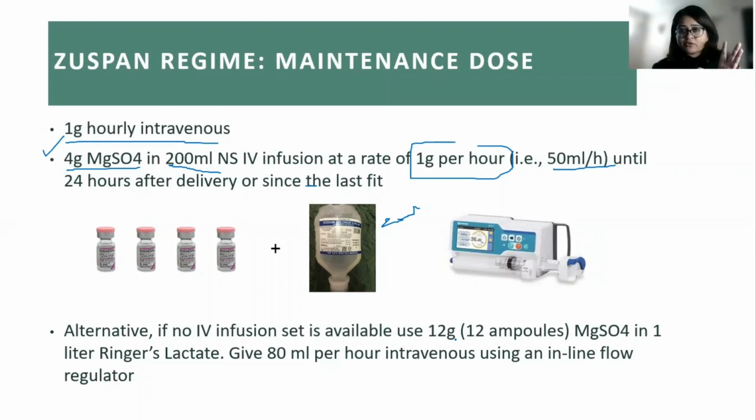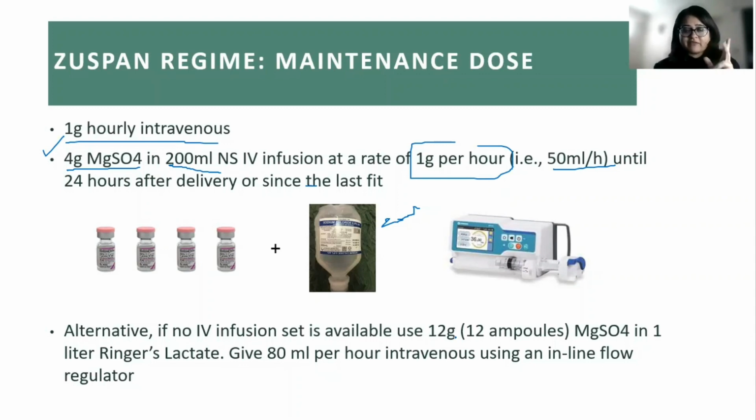So ideally what should you do? 4 grams in 200 ml of NS, set at the rate of 50 ml per hour. If you don't have an infusion pump and you want to give Zuspan, put 12 grams in 1 liter of RL and give it at the rate of 80 ml per hour intravenous using an inflow line regulator. So this is Zuspan's regime, the loading and the maintenance dose.